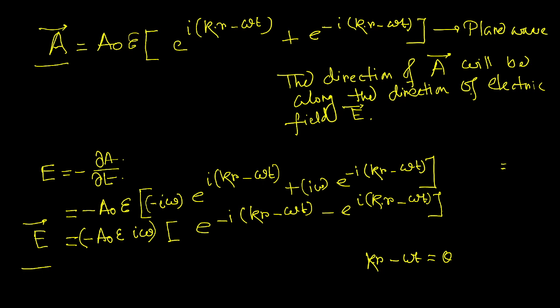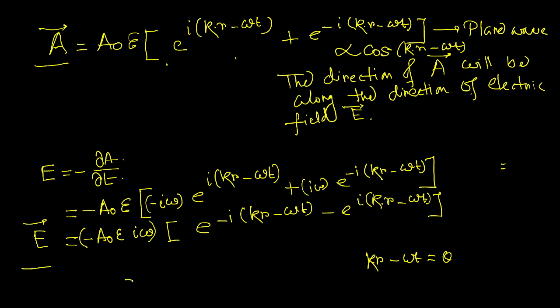Okay, so if you think of k dot r minus omega t as theta, then your A, with some constant, you can think of as e to the power i theta plus e to the power minus i theta. So this is proportional to the cos function, cos of k dot r minus omega t.